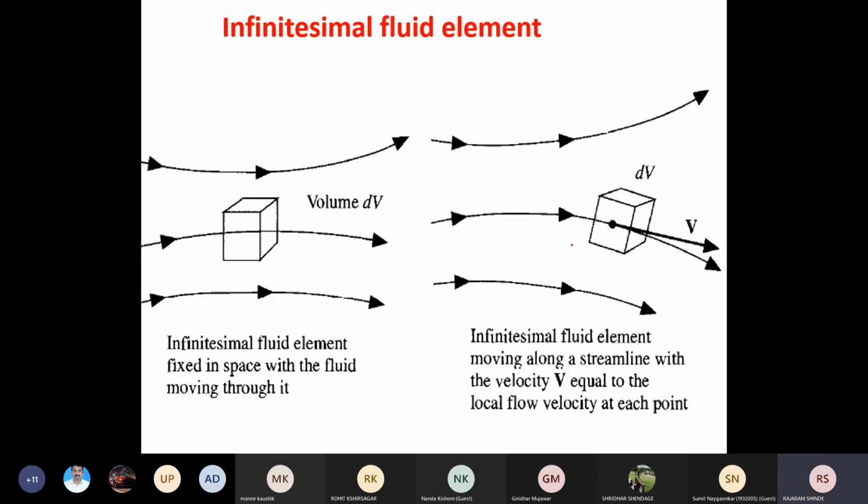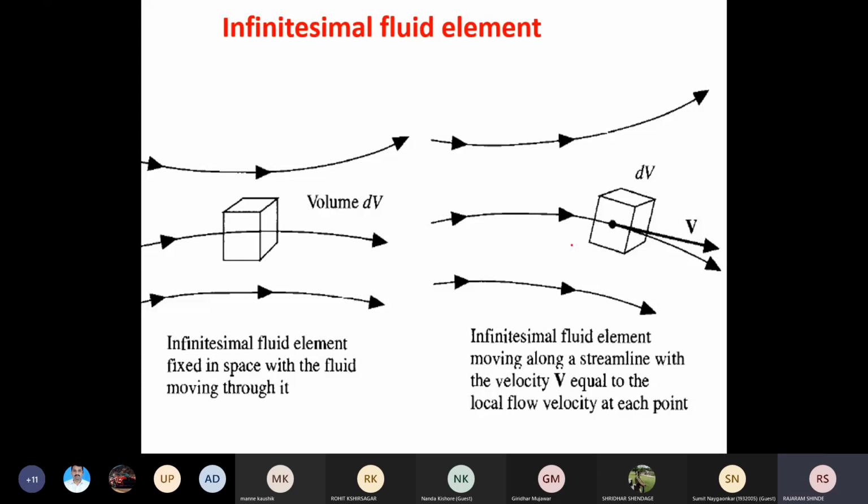This differential volume is the same as the volume we use in differential calculus, which means it is tending to 0. It is not 0, but it is tending to 0. But it is large enough that it contains a large number of fluid molecules, so that it can be viewed as a continuous medium.